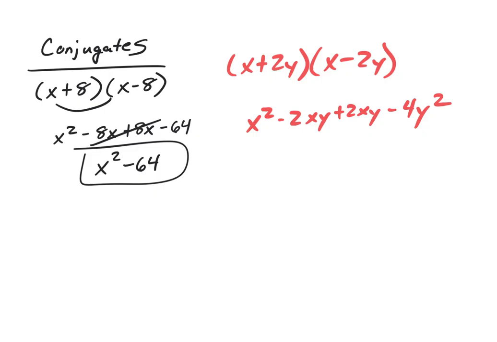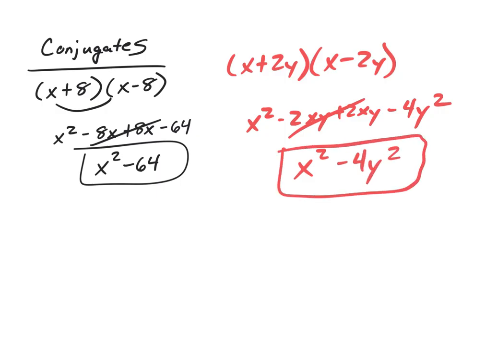And once again, if we have conjugates, the two middle terms should always disappear, always. That's all we're left with. That's our answer. Okay, so those last couple are still FOIL, still multiplying, and everything today is just multiplying in a little bit different forms. Should be a pretty straightforward lesson today, and that's all we've got for notes.